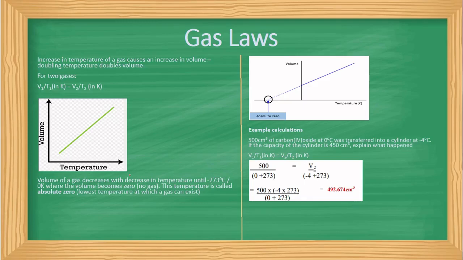So if you use the formula V1 over T1 is equal to V2 over T2, and you do your calculations as I'm displaying there, you'll find that the volume 2 will be 492.67374 centimeter cubic. So with the capacity of the cylinder being 450 centimeter cubic, the remainder of 42.674 centimeter cubic of the gas will not fit into the cylinder.